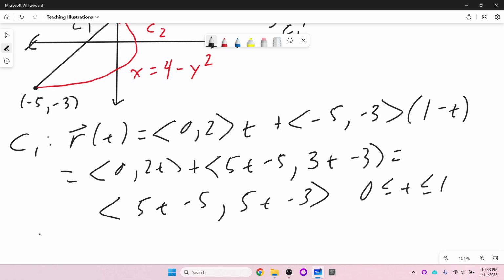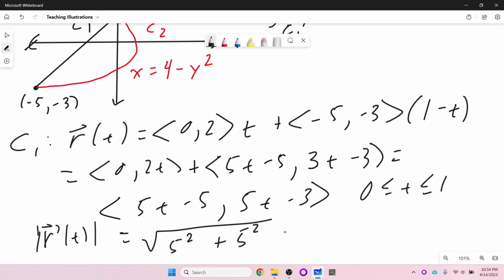Now let's work out the length, the r prime of t, that we need to multiply by. It would be the square root of, okay, the derivative of the first one is 5, so we have 5 squared. The second one is also 5, so we have 5 squared, so it's the square root of 50, or 5 root 2.